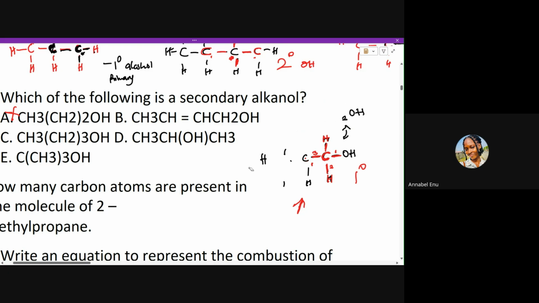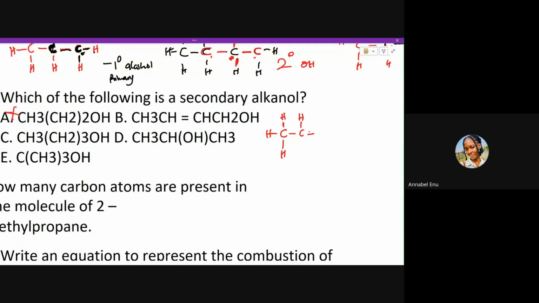All right. Now let us see if B is the one that will be our answer. Time is already far spent. For B, we have CH3, that is 3 hydrogens attached to our C. The next one is CH, only one H attached to the C. Then a double bond, then CH again.